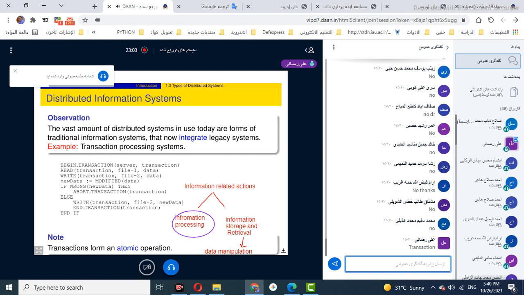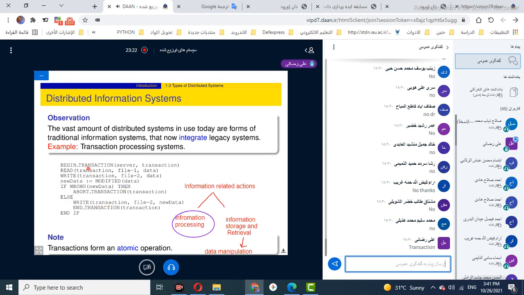Transaction. I told you that a transaction is basically, with an informal definition, a set of commands used to manipulate data.